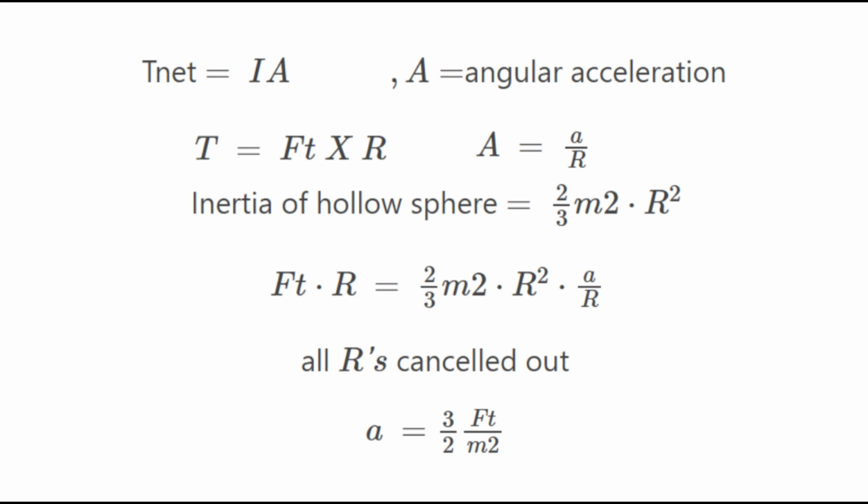Additionally, we can make changes to the moment of inertia times angular acceleration by replacing angular acceleration with translational acceleration divided by the radius, and replacing the moment of inertia with the formula that determines the moment of inertia for a hollow sphere, which is 2/3 the mass, m2, times radius squared. By isolating translational acceleration to one side, our equation equals 3/2 the force tension divided by mass 2.